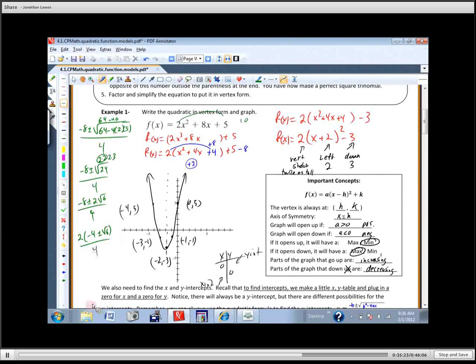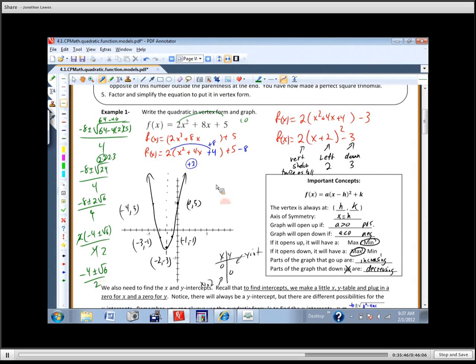This would be over 4. Then you can cancel those. So I cancel these 2. There's a 2 left. So this is going to be negative 4 plus or minus radical 6 over 2.